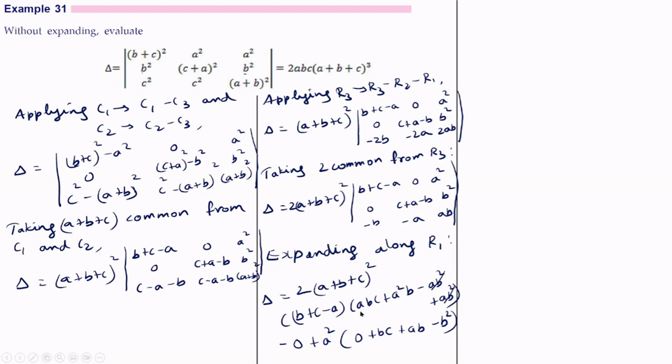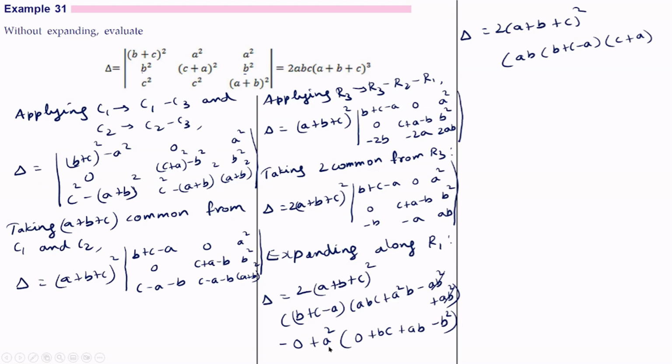Here we can see that ab is common, it can be taken outside, and here also ab is common, which can be taken outside. So delta equal to 2 into a plus b plus c the whole square into ab into b plus c minus a into c plus a. So here b is common, we can take it outside.